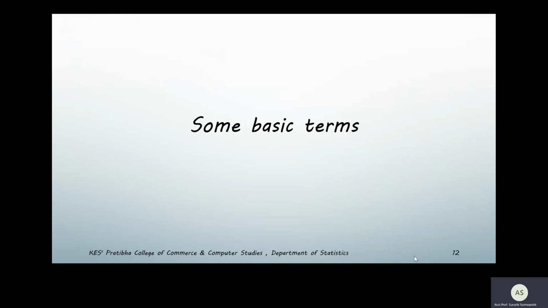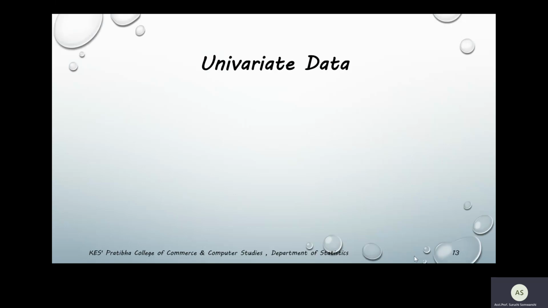We start with the very basic term, which is univariate data. What is meant by univariate data? The term univariate data is bifurcated in uni plus variate form, where uni means one and variate means variable.